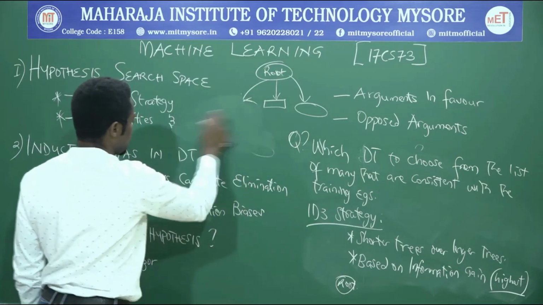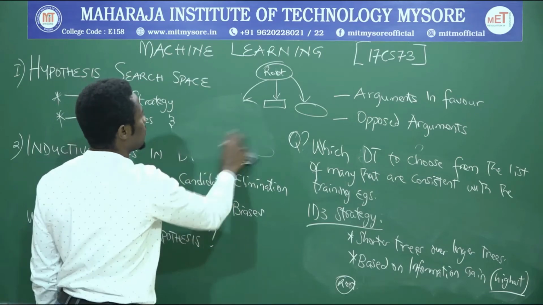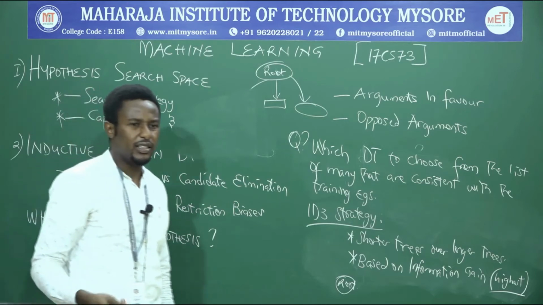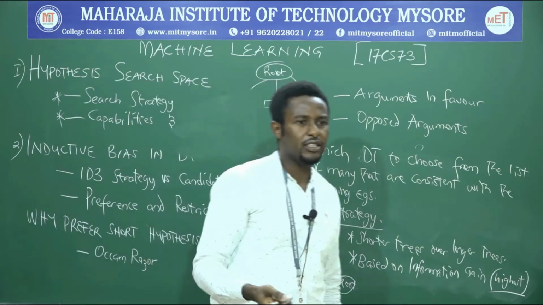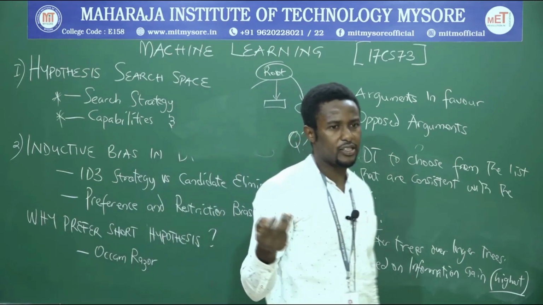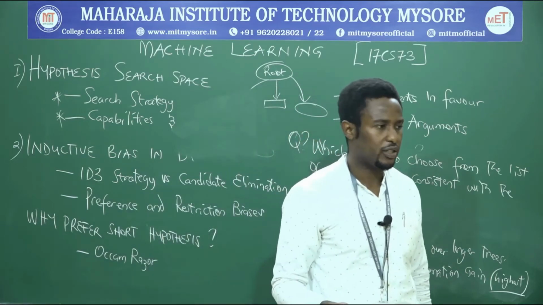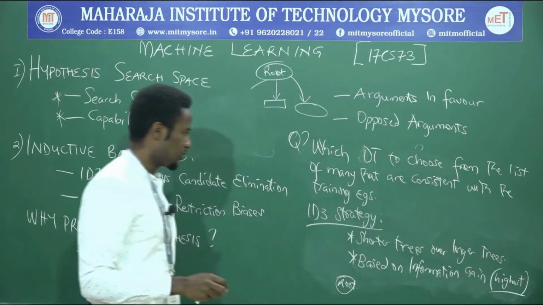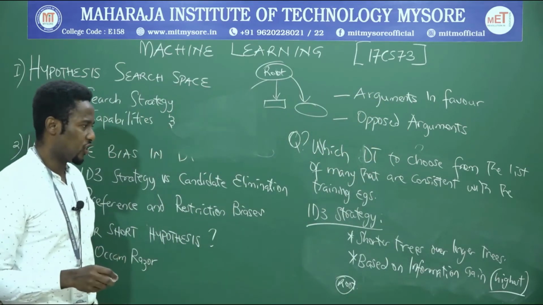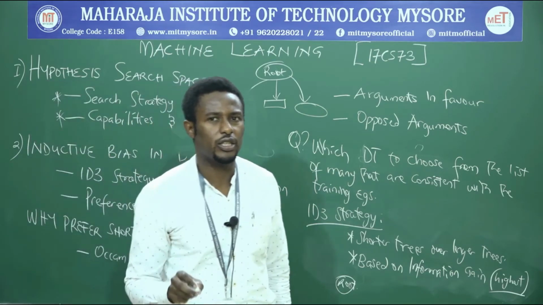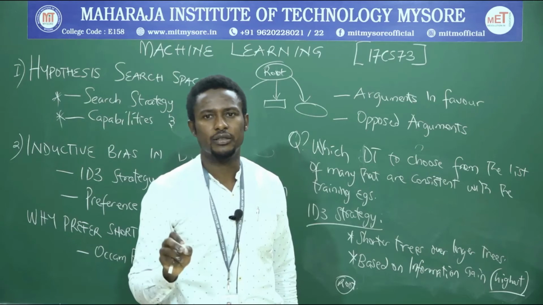Now, next, after this is done, ID3 goes with the notion that shorter trees are preferred over longer ones. So whenever you hear of the strategy, the strategy is telling you to choose the shortest path first. Okay?